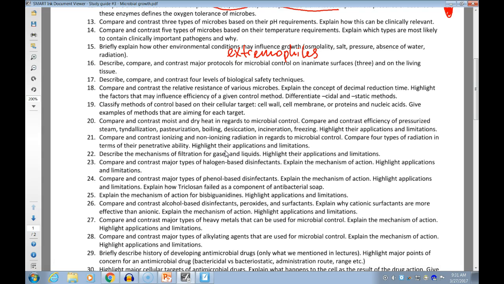Okay, four levels of biological safety. Again, this is the tough one for me rather than for you, because I have to describe very specifically what I want you to figure out. If we have a minute doubt, I will take it into account. I mean, if you start arguing with me whether influenza is BSL-2 or BSL-3, yes, we can do that.